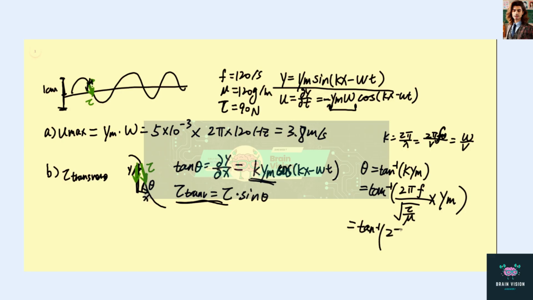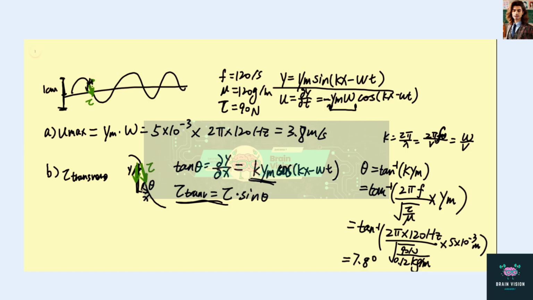So that is inverse tangent of 2 pi times 120 hertz over square root of 90 Newton over 0.12 kilogram per meter, times ym, which is 5 millimeter. Our calculator tells us this is 7.8 degrees for theta.